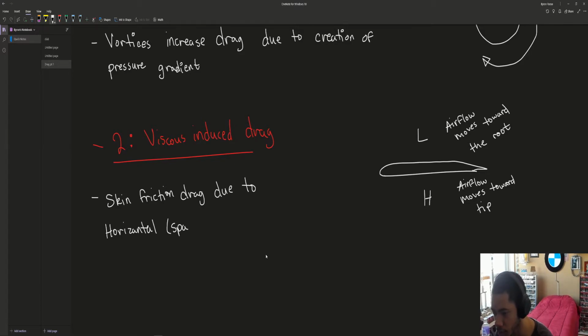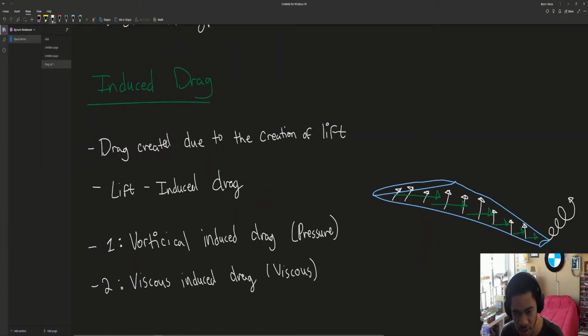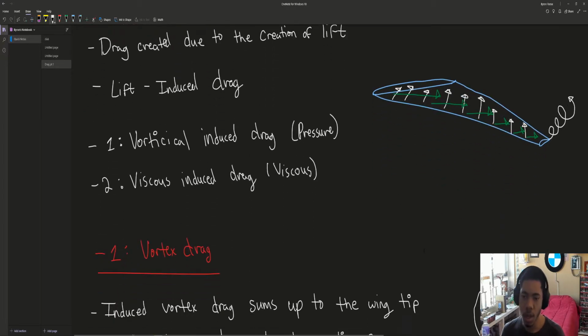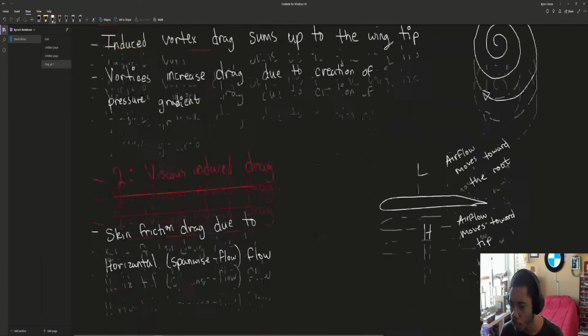This is called span-wise flow. There we go. Pretty much as simple as that. And that's shown by these arrows right here. The green is under, the white is on top of the airfoil, or on top of the wing. And you can see that it now has a horizontal component instead of just the axial component, we'll say.